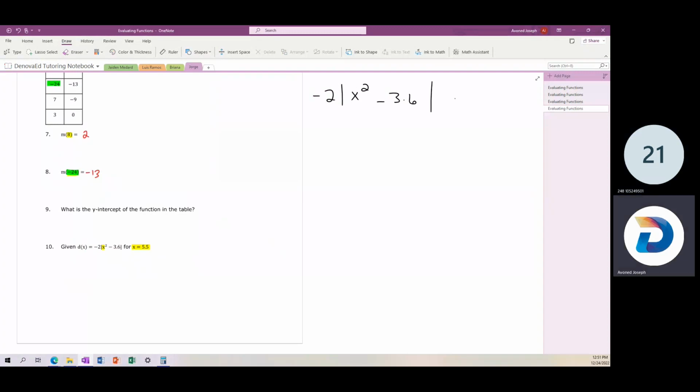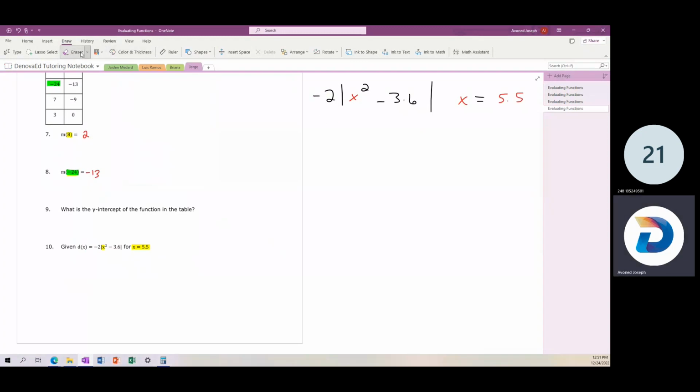All we need to do is plug in what x is into that equation. So let me change x into red. X is equal to 5.5.